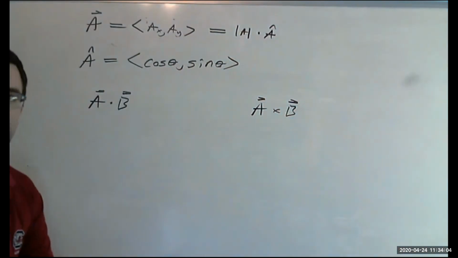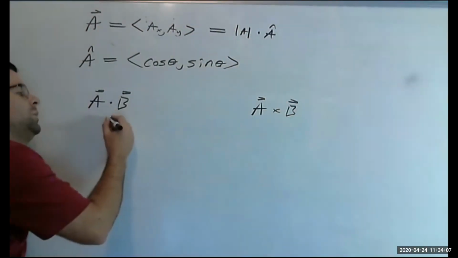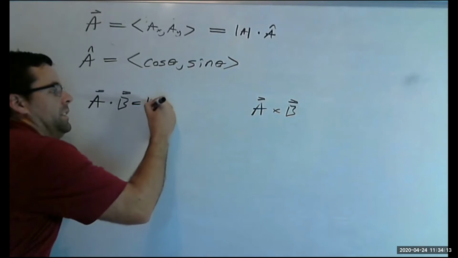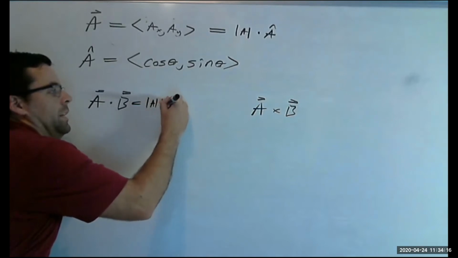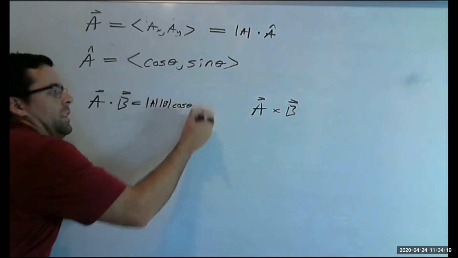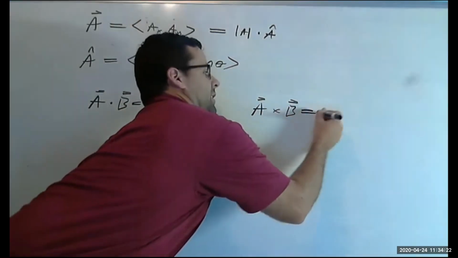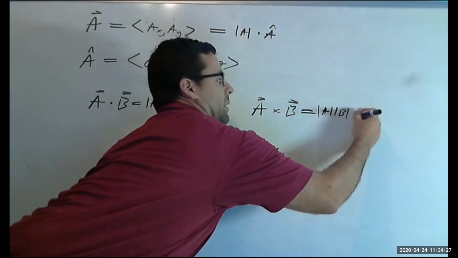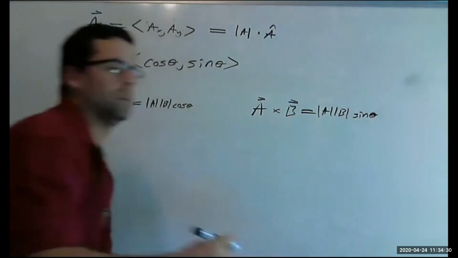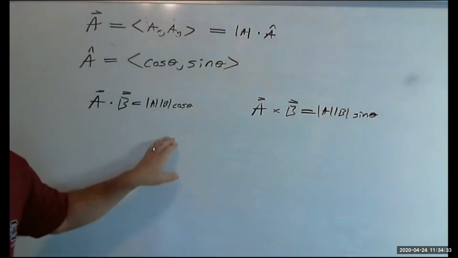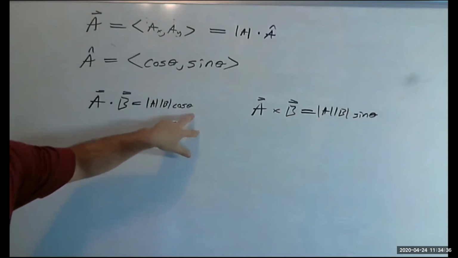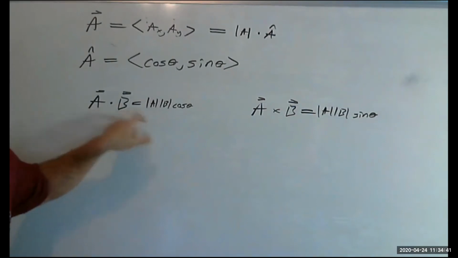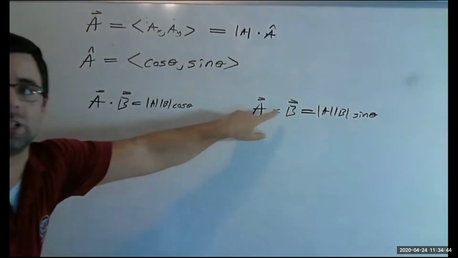And they mean very different things, but the short version is, this is magnitude of A, magnitude of B, cosine theta. This is magnitude A, magnitude B, sine theta. So in this case, theta is the angle between his angle and his angle. And same thing over there.